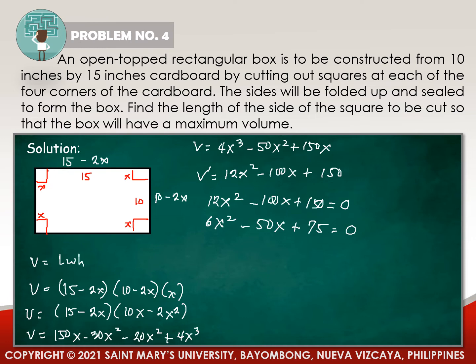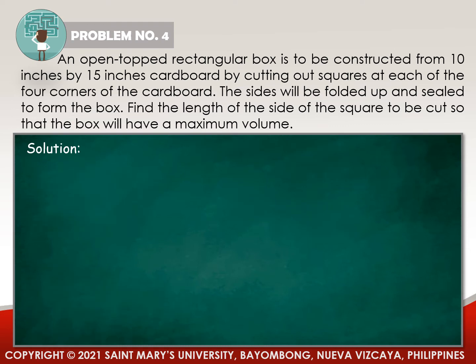What will be the factor of 6x squared minus 50x plus 75? Okay, I think it is not factorable, so we are going to use the quadratic formula. So we have 6x squared minus 50x plus 75 equals 0.